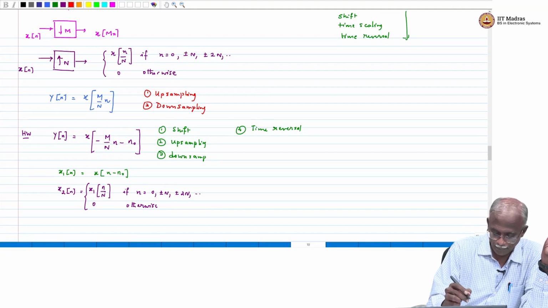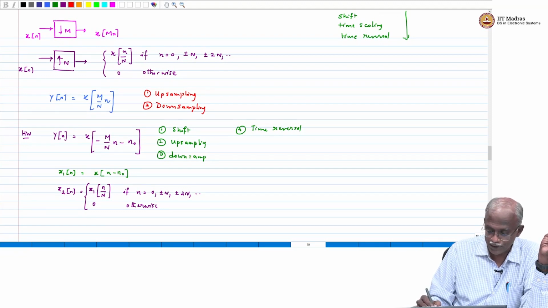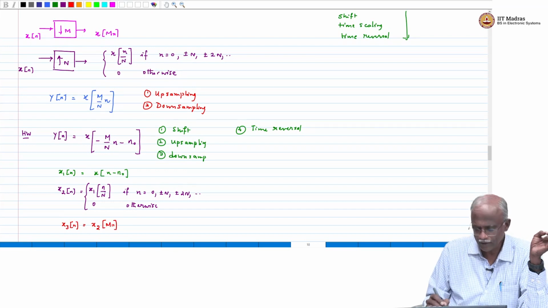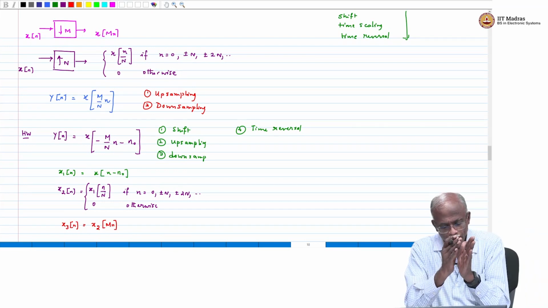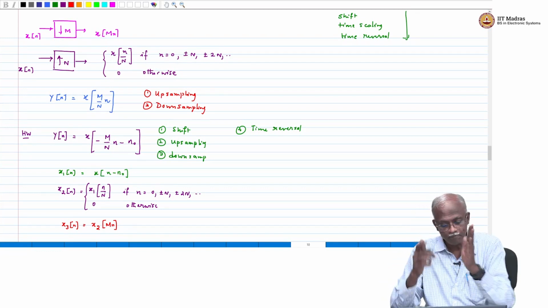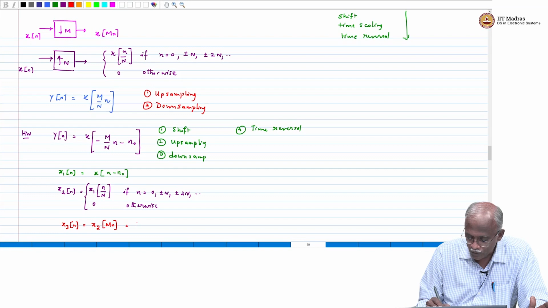Okay. Third step is downsampling. So, x3 of n is equal to x2 of Mn. What did you do? x2 of n is equal to x1 of n divided by N. So, this will be equal to x1 of Mn divided by N. And what are the conditions?